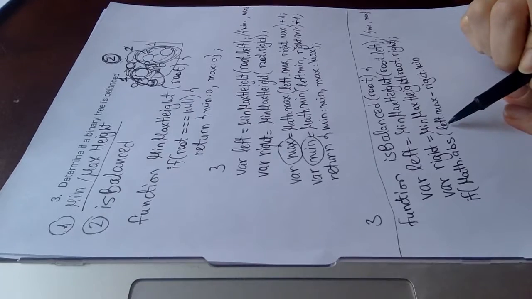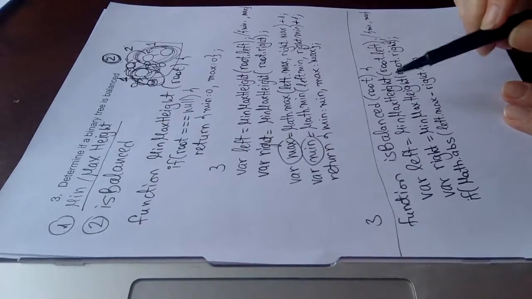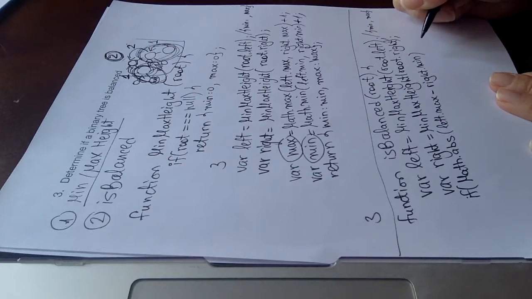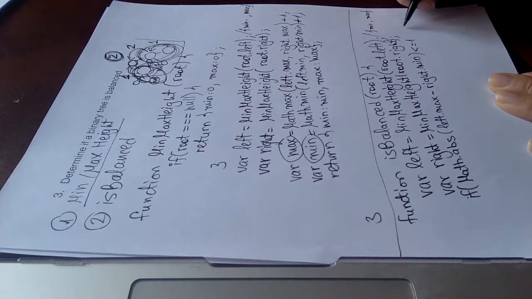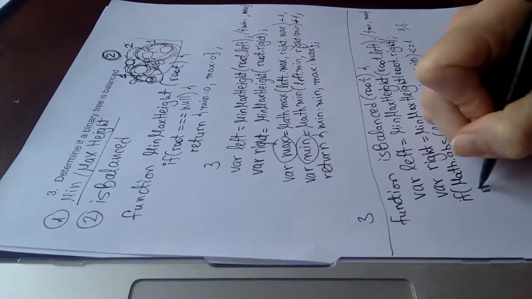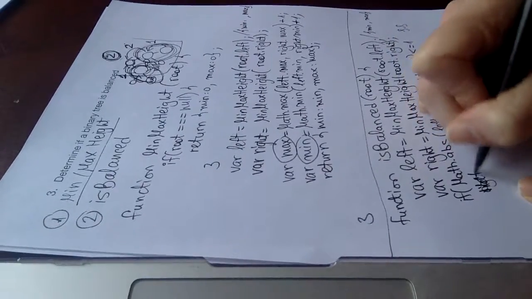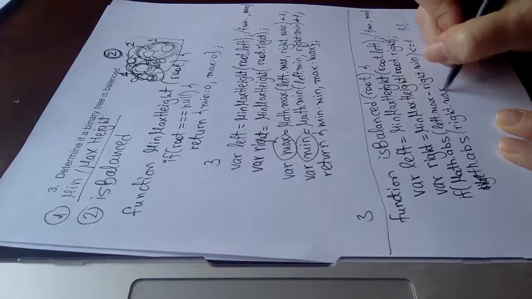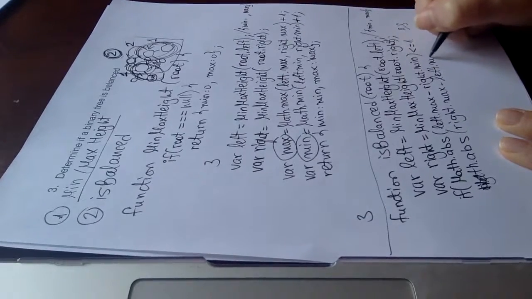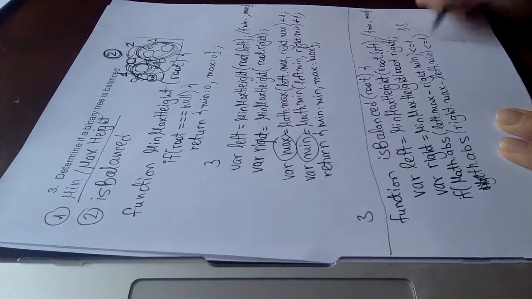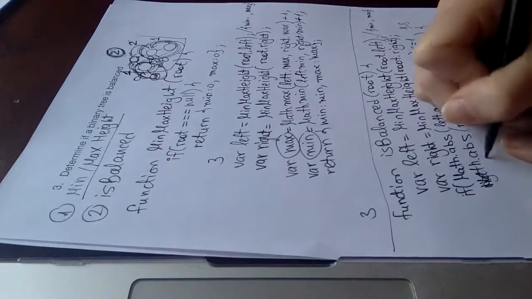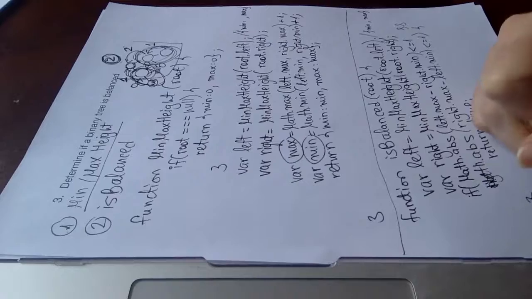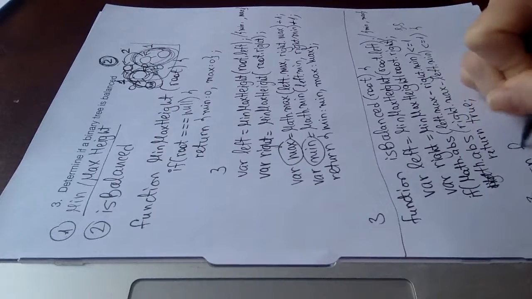So if the maximum height from the left side minus the minimum height from the right side is lower than or equal to 1, and Math.abs of right max minus left min is lower than or equal to 1, as explained, then I return true, else my function will return false.